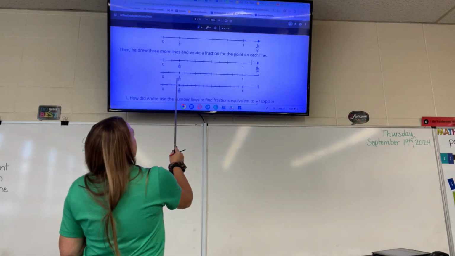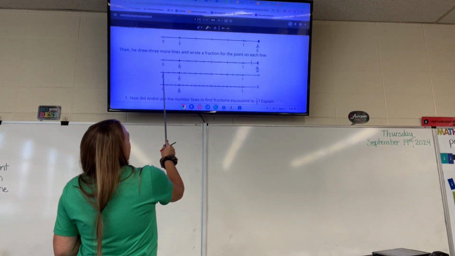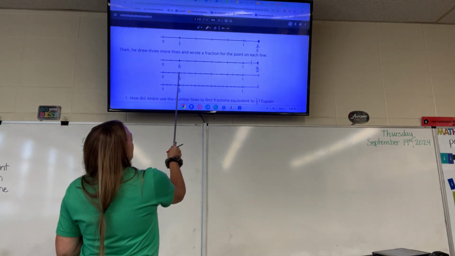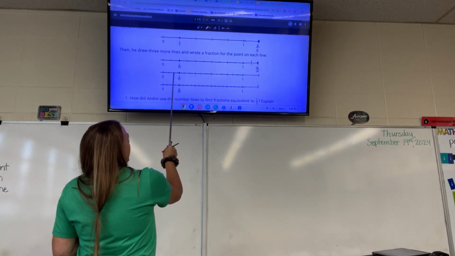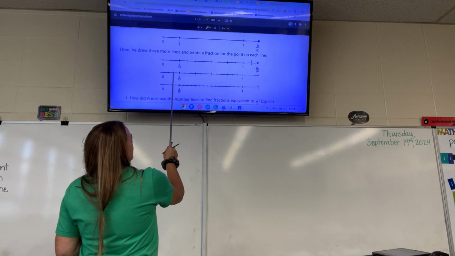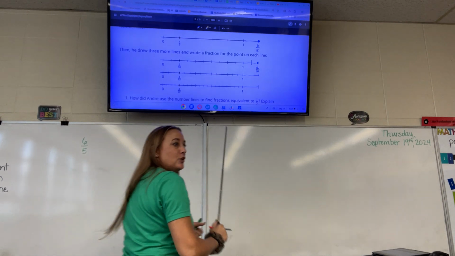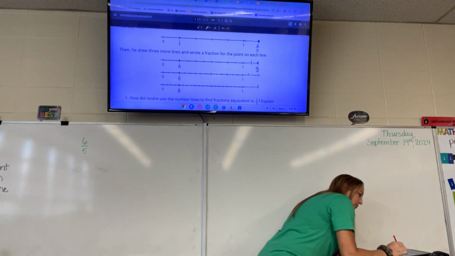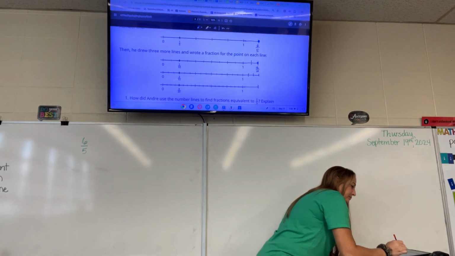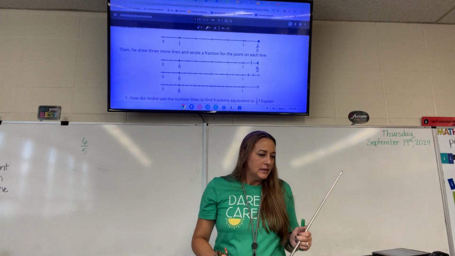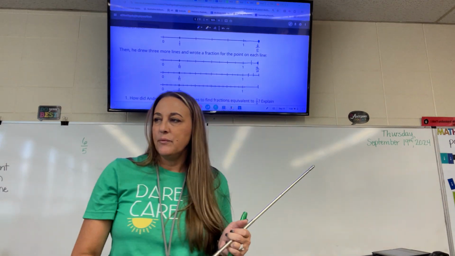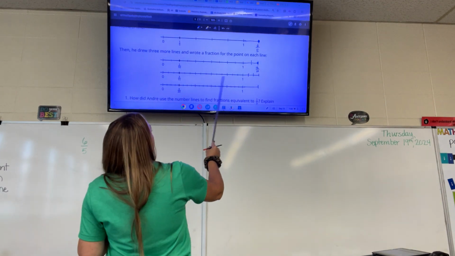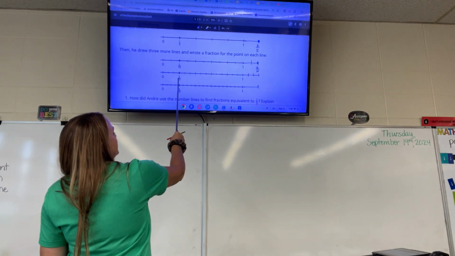On this one, between 0 and 1 whole, how many lines did he add? He added 2. So I'm gonna add 2 as well. You with me? Yep. Okay. And this denominator is 15.